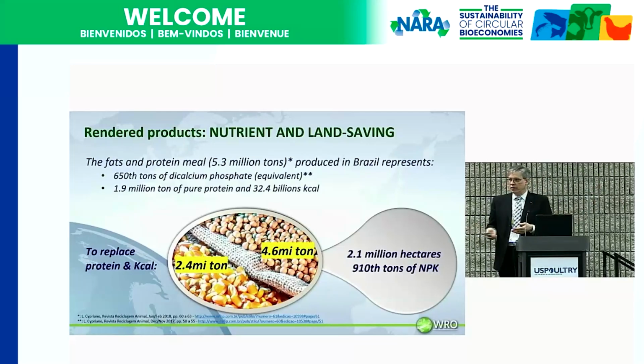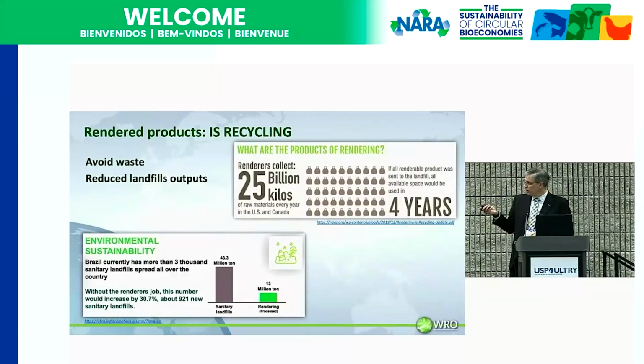Another very known topic is that we avoid landfill. In the US, 25 billion kilos, and in Brazil, 13 million tons, or 13 billion kilos. I mean, in Brazil, it represents about 30% of all city waste produced or collected yearly.